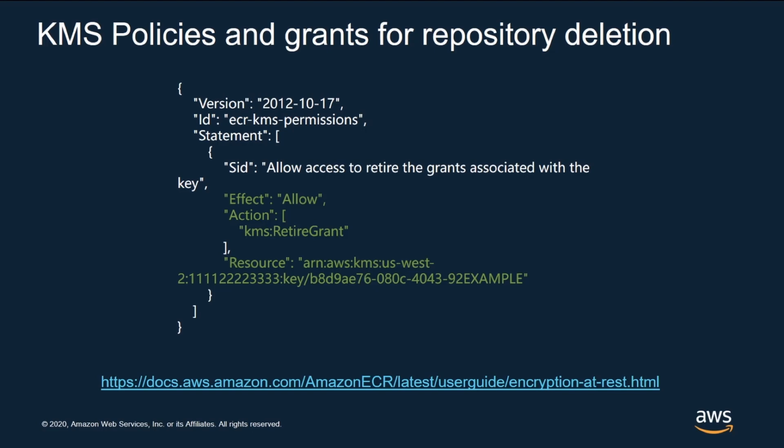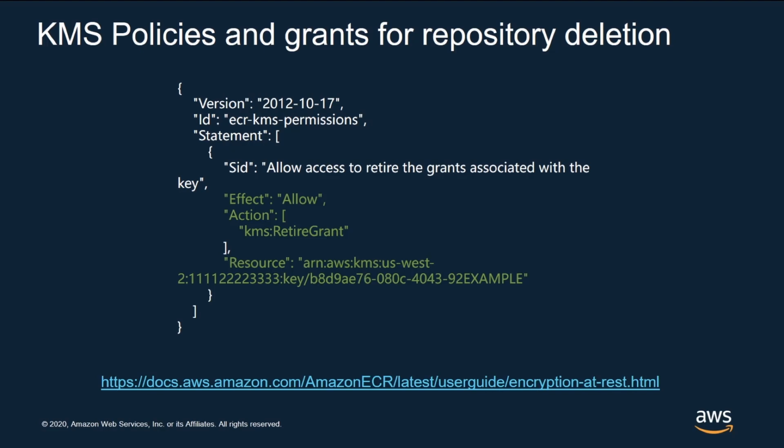However, the IAM principal that deletes the repository must have the KMS retire grant, as you can see on the screen. So that permission should be enabled. This enables the retirement of the grants that were added to the AWS KMS key when the repository was created. There are a couple of things to bear in mind which are listed in our documentation, with the link shown on the screen.